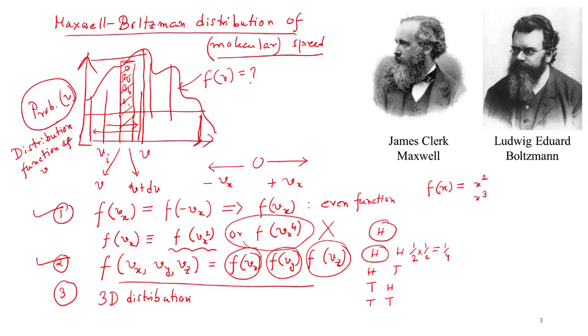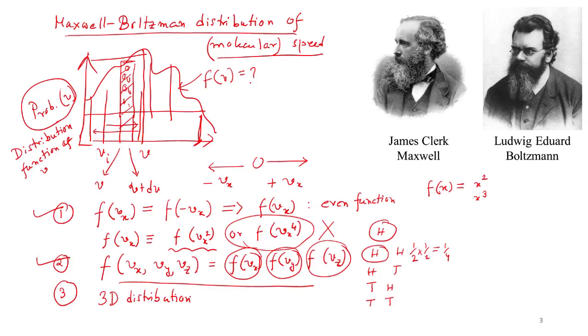Now if you ask, okay fine, if I have this molecule going in some particular direction, what is the probability of the molecule having speed say 10 kilometer per second to 10.1 kilometer per second in this direction? Those two probabilities will be identical, because if they are not identical, then the molecules will have a net flow in some other direction, which is not true.